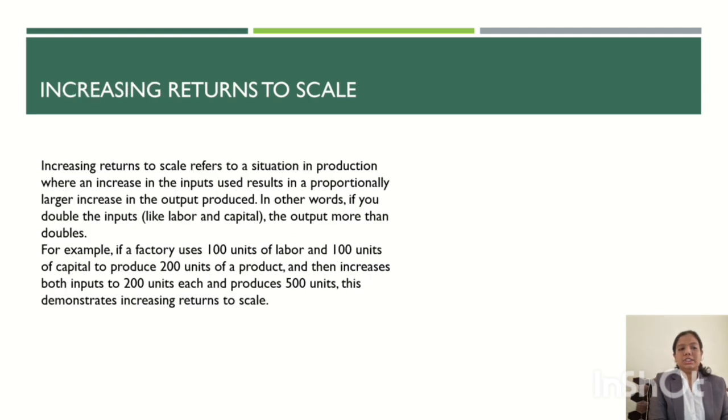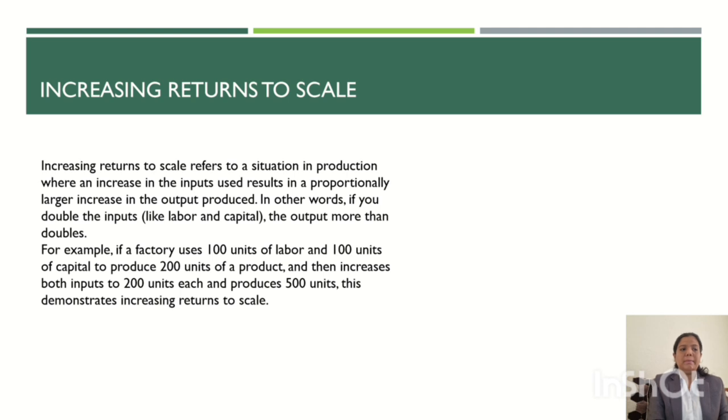Increasing returns to scale refers to a situation in production where an increase in inputs results in a proportionally larger increase in output. In other words, if you double the inputs like labor and capital, the output more than doubles.